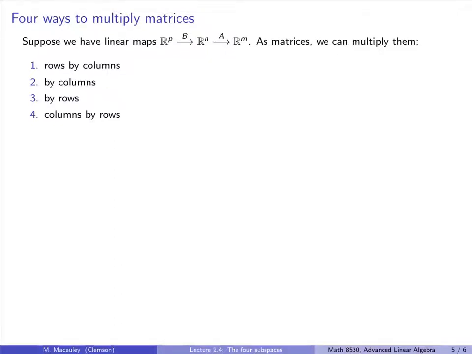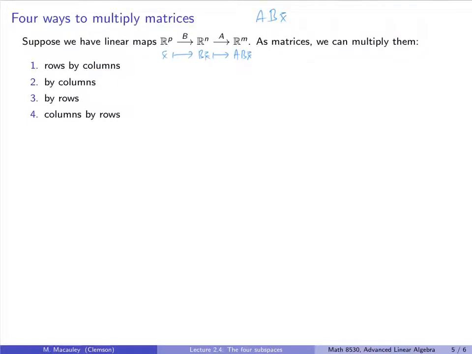And I'm doing this so when we write things like A times B times x, we can think about x as being in R^p. So x is here, it gets mapped to Bx here, and then it gets mapped to ABx here. Okay, so this is something that is also mentioned in Gil Strang's wonderful book.